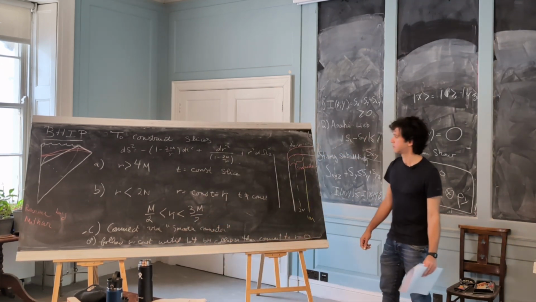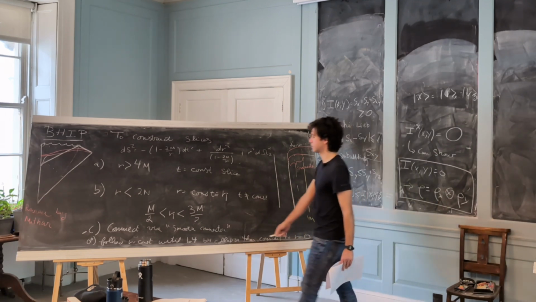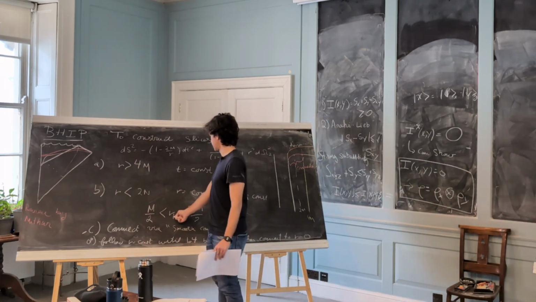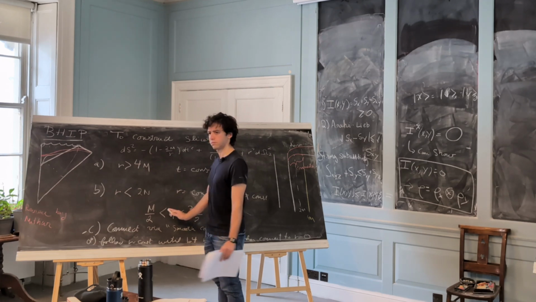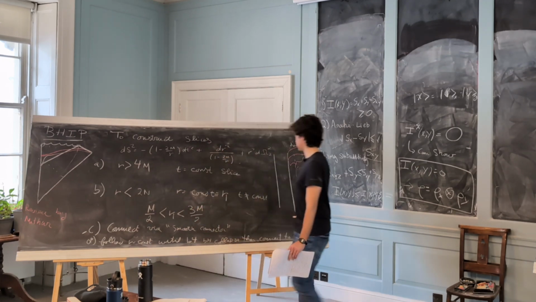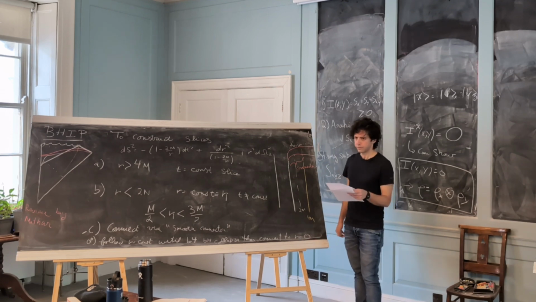For r less than 2m, r equals constant, should it not be like r less than 2m minus epsilon? Well, we're taking r, because we're going to take this constant to be well away from the horizon. This is at like 3 halves m. That's the constant. This r1.